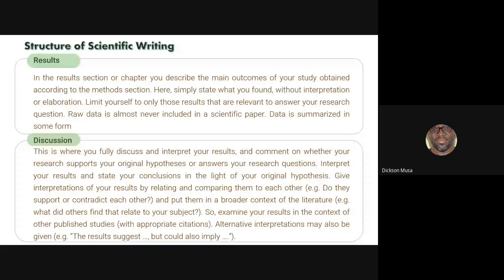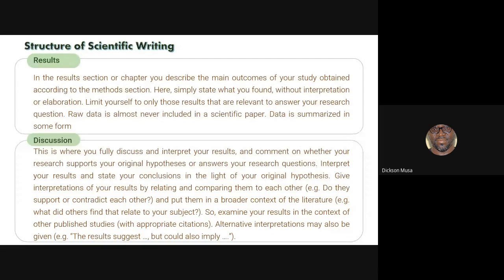And you limit yourself to only those results that are relevant to answer your research questions. Remember again, we have research questions before carrying out research. You use methods as the tools to answer those research questions. Then your findings are what you report in the results section, and you limit yourself to only the answers that are relevant to your research questions.